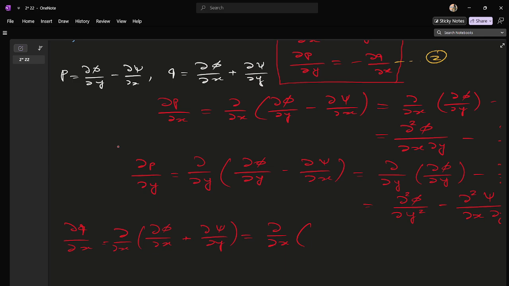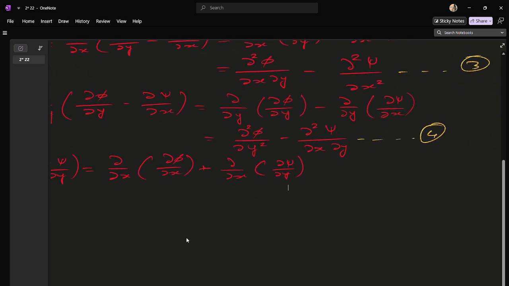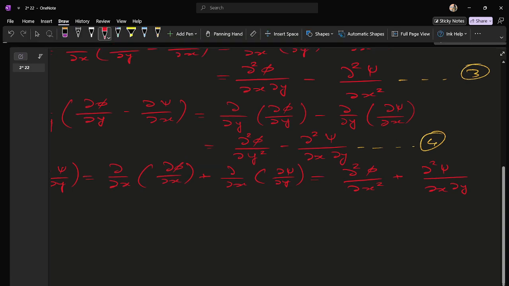And as plus is in between, we are going to distribute that. Then it equals del square phi by del x square plus del square psi by del x del y.